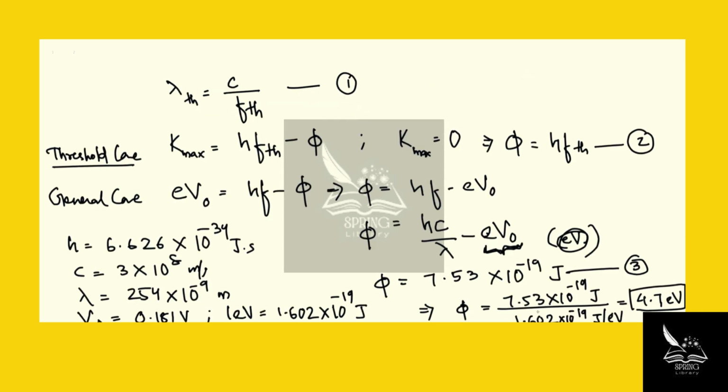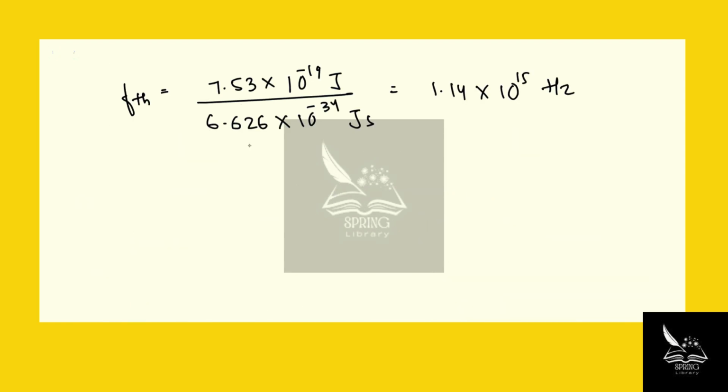You can choose to use the value of phi expressed in electron volts, but make sure you use the value of h in electron volts as well, or convert the value of h into electron volts by using the conversion. Either way, you should get the same result.